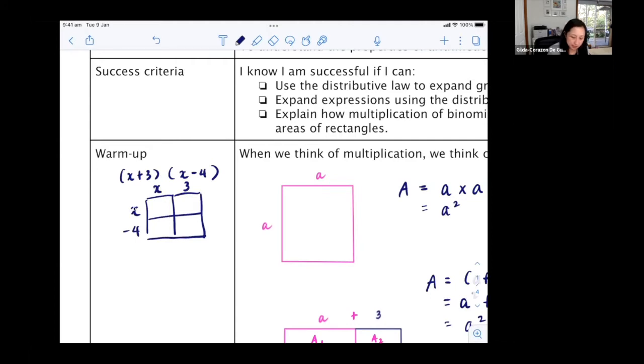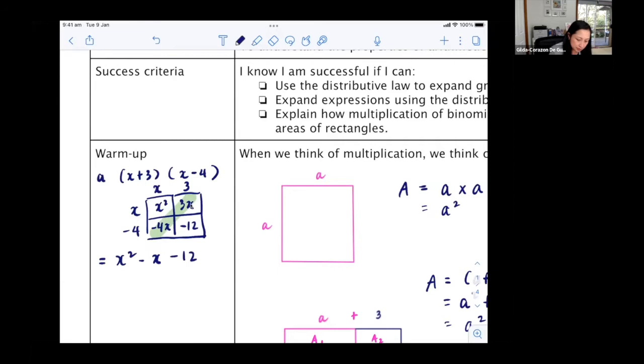What's x times x equal to? That's x squared. What's 3 times x equal to? That's 3x. And then what's x times negative 4 equal to? That's negative 4x. And negative 4 times 3, you get negative 12. Again, you can combine these two, and our answer is x squared. What's negative 4x plus 3x? It's minus x, and then minus 12.